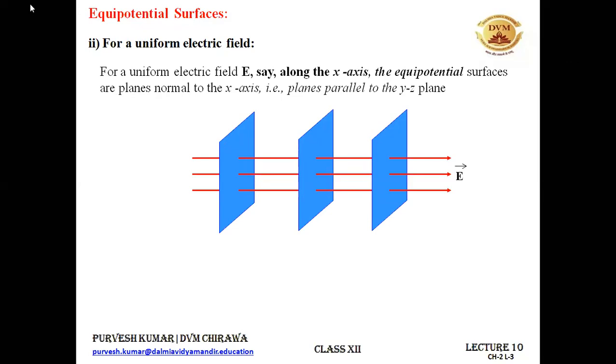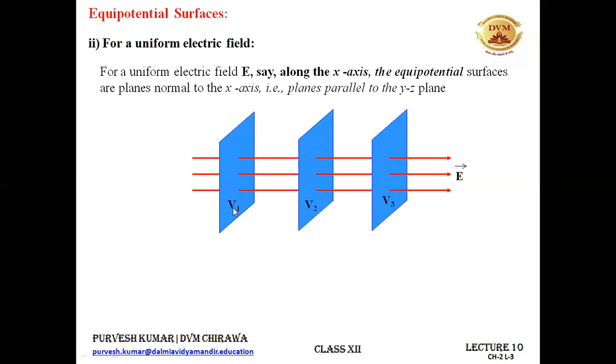Based on this, we have drawn the planes which are perpendicular to the electric field, and on every point on these planes, the potential because of this electric field will remain the same. All right, so for a uniform electric field, the equipotential surfaces will be in the form of planes which are perpendicular to the direction of the electric field.